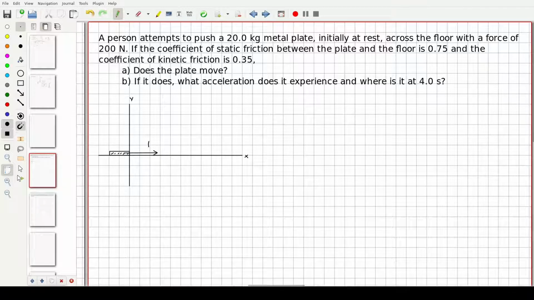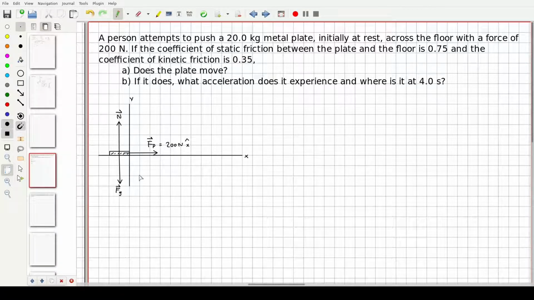This is the force of my push. It is 200 newtons straight down the x-axis. Now the plate, we know, has mass. As a consequence, it's got weight. So there's a weight vector, and then there's the normal force. Here's the force due to gravity on the plate, and this is the normal force.